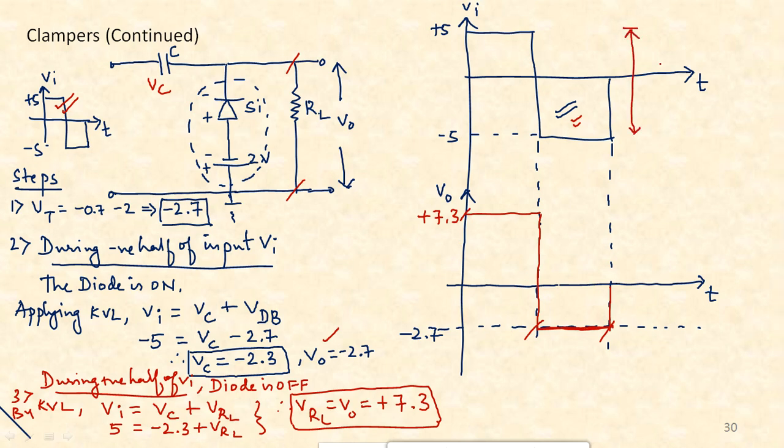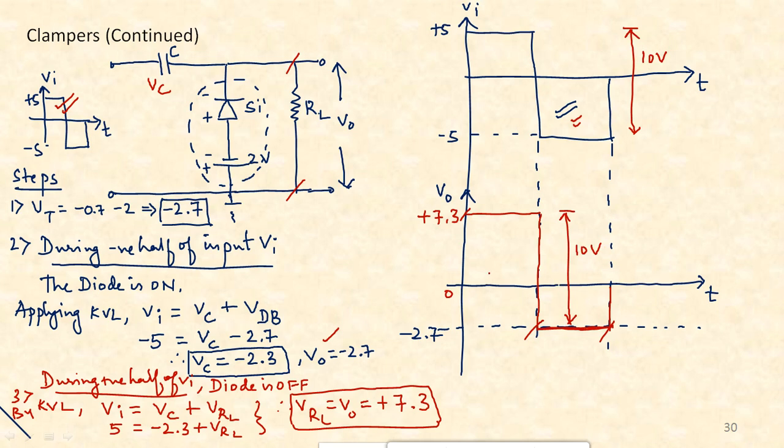The input from positive to negative cycle is 10 volts. What about the output? It varies from 0 to plus 7.3 and 0 to minus 2.7. So is it not equal to 10 volts? Yes, it is equal to 10 volts. That means our analysis is correct.